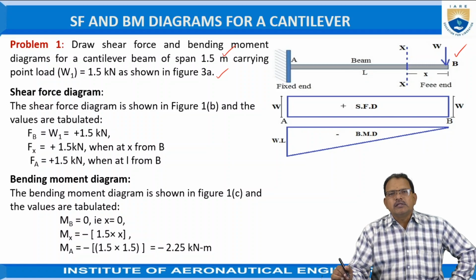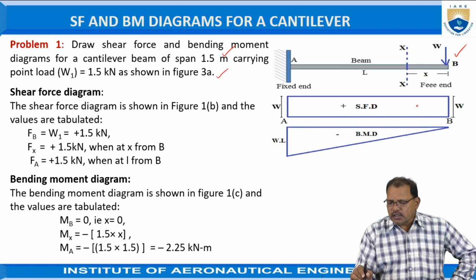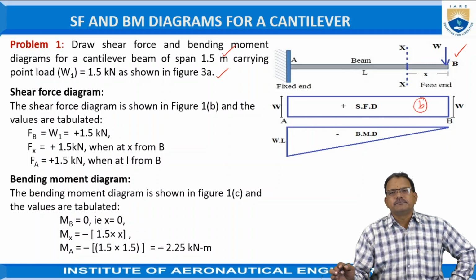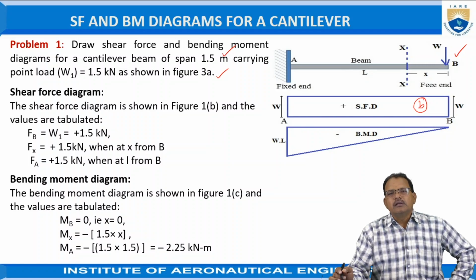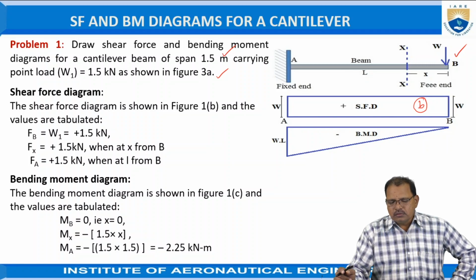Now first we draw the shear force diagram, which is represented here in figure B. Starting from point B, as we discussed earlier, the shear force acting on a cantilever beam is treated as positive.